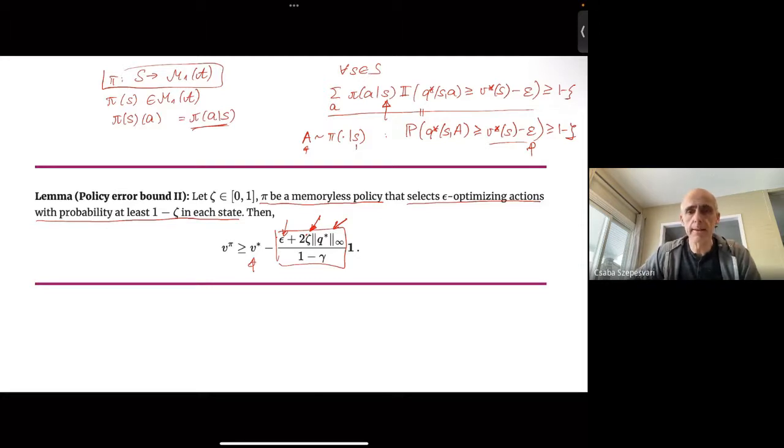So this is kind of nice. It's a nice continuity property of policies, if you wish. If both epsilon and zeta are under control, then the policy is going to be near optimal.